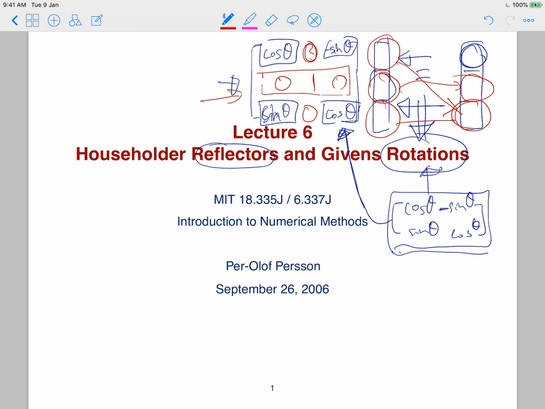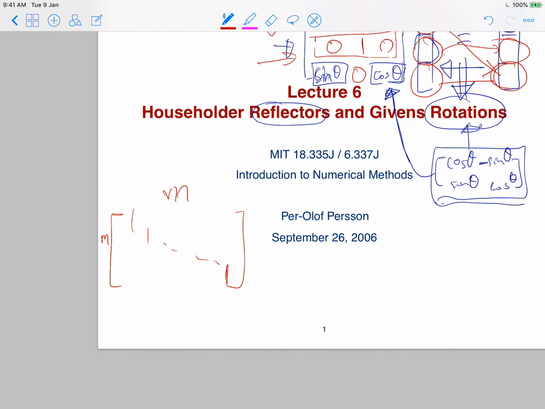In general, we can form this kind of matrix in the following manner. We have an m by m matrix, and we start with an identity matrix, so all the off-diagonal parts are 0.